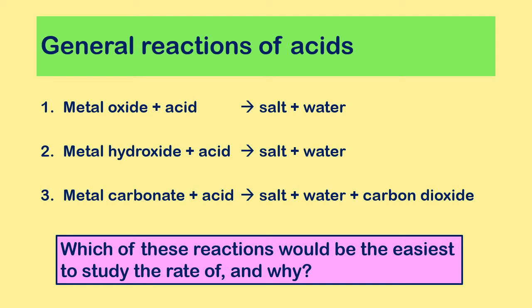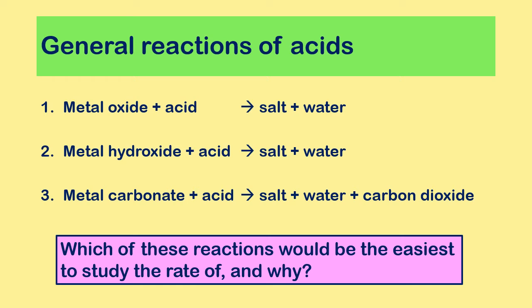So of these three reactions, which of them do you think would be the easiest to study the rate of, and why? Well, hopefully you chose metal carbonate, because remember, whenever we are trying to measure the rate of reaction, we're looking for a change in quantity over time.